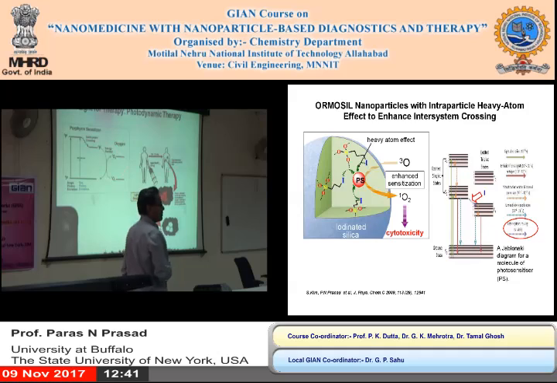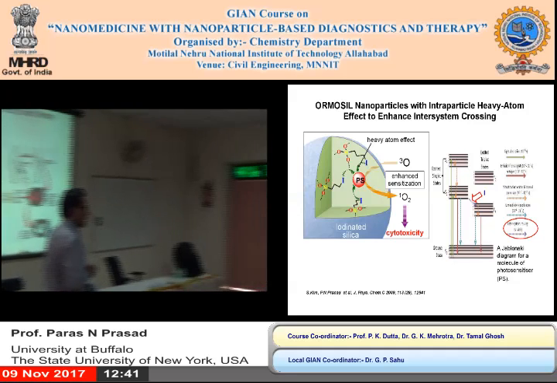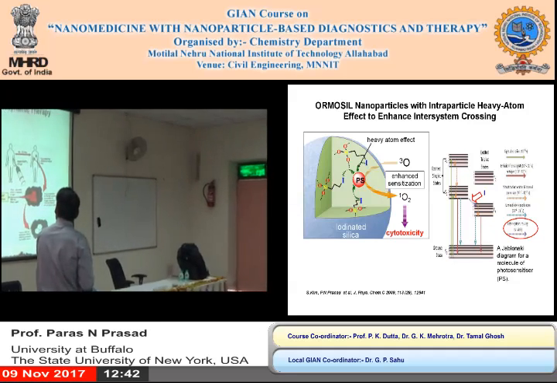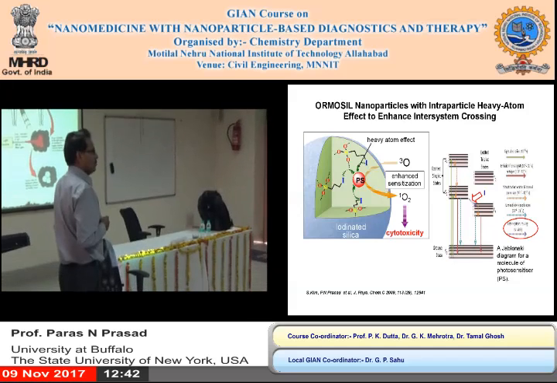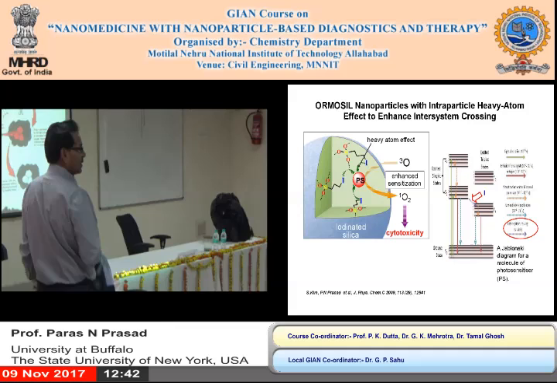So for this effect to work maximally, what do you want to do? You want to use a nano formulation where this process is very effective. It populates here very effectively, first step. Second, you want to make this more efficient. You don't want fluorescence in this case coming down here.